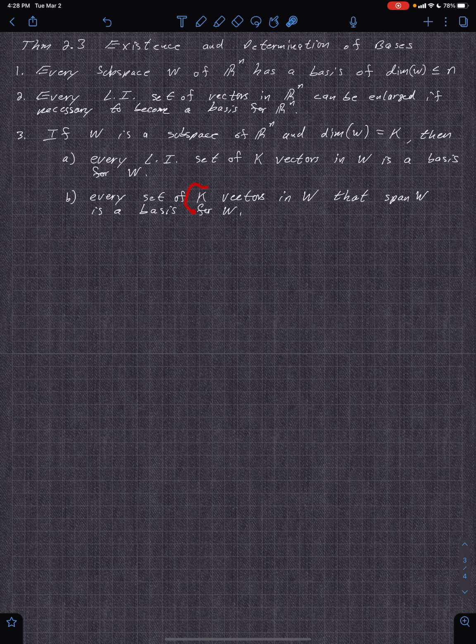There's k vectors in W, and it spans all of W. Then it must be a basis for W.